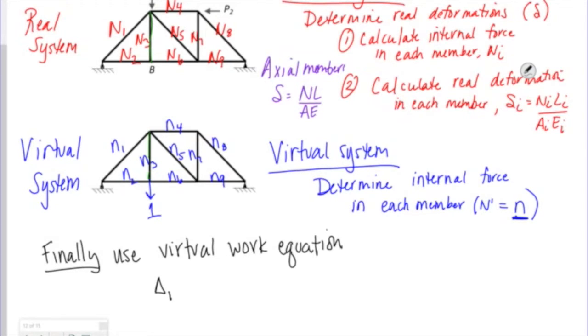Delta B, my deflection at B, is equal to the sum of the n prime times delta. I just renamed some stuff, so n times my little delta, which is, hold on, ni times delta i.